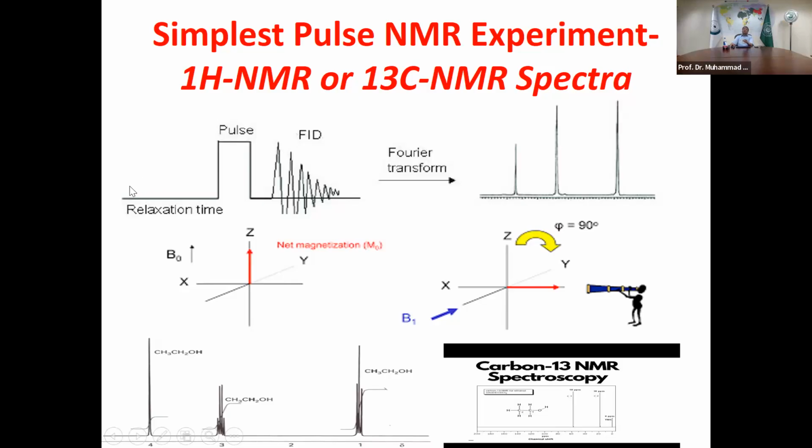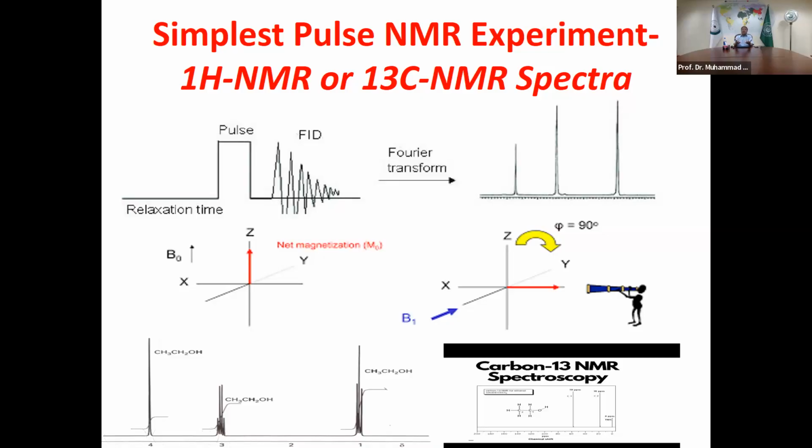So, you give a relaxation time, you give a 90x pulse. So turn on the pulse, turn off the pulse, wait for a while, it becomes decoherent, turn on the detector, you get free induction decay, FID, as many FIDs as there are protons.